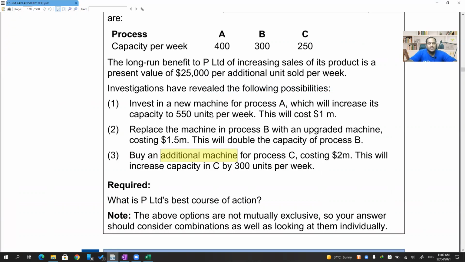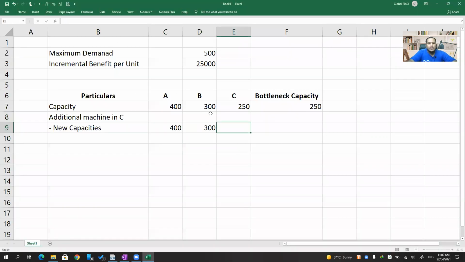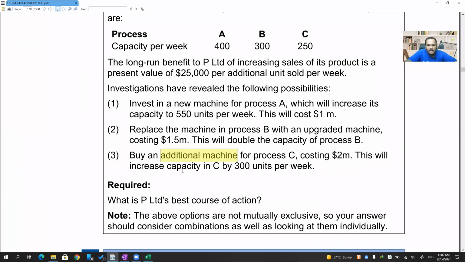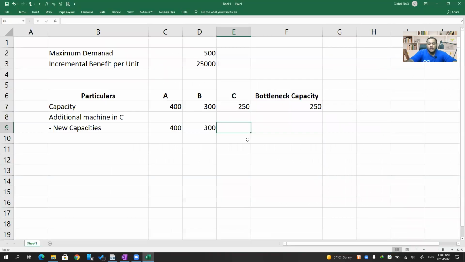A and B will remain the same, 400, 300. This will increase capacity in C by a further 300 units. Okay, that means 250 plus 300 additional. So what will be my bottleneck capacity now?